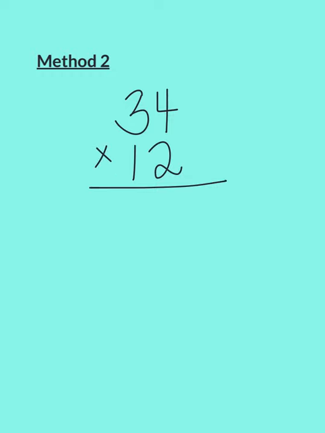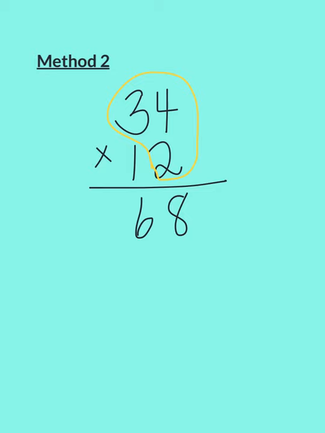Okay, method number 2 is very similar to method number 1, except instead of writing a 0, we just leave the spot blank. I'm going to show you what that means. So first, we will start by multiplying from our ones place. 2 times 4, which is 8. 2 times 3 is 6.